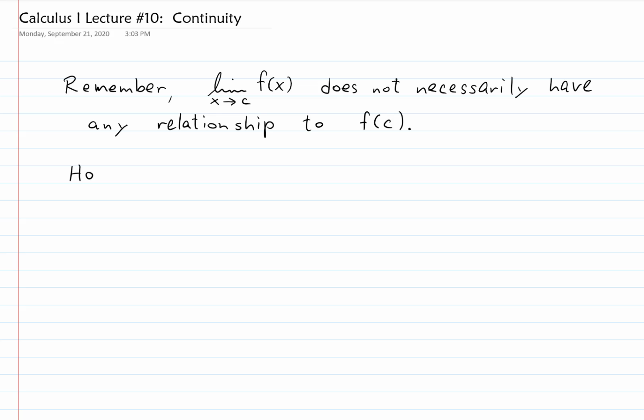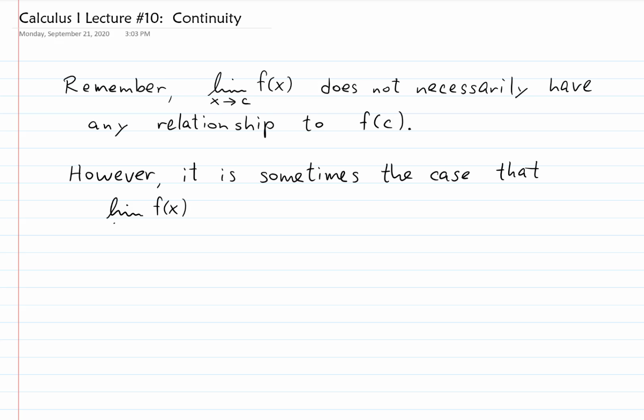However, it is sometimes the case that the limit of f of x as x approaches c could equal f of c. Sometimes.